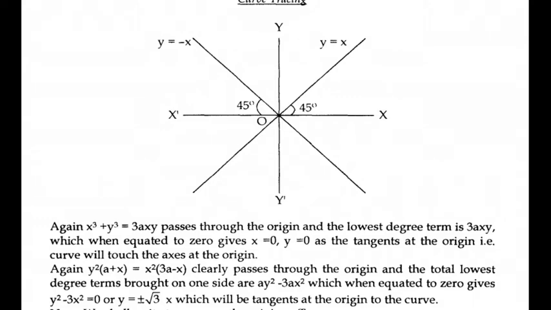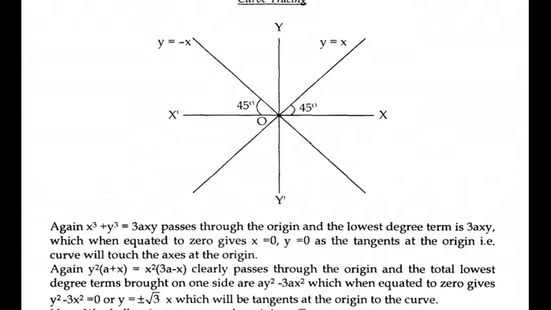And the lowest degree terms, bringing everything to one side, what happens? Expand this, it is ay square plus xy square, 3ax square, and this is, so just reject x cube, and here y square into x will be the third degree expression. The lowest degree terms are ay square and 3ax square.